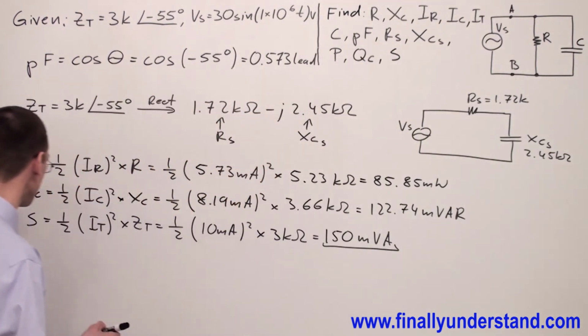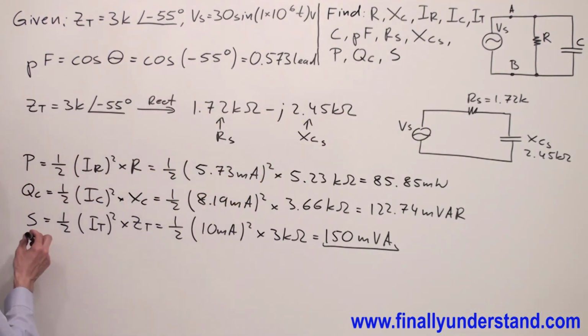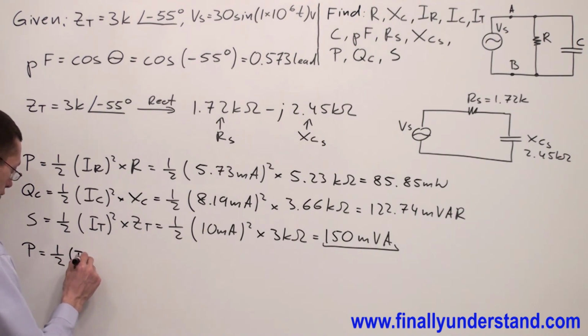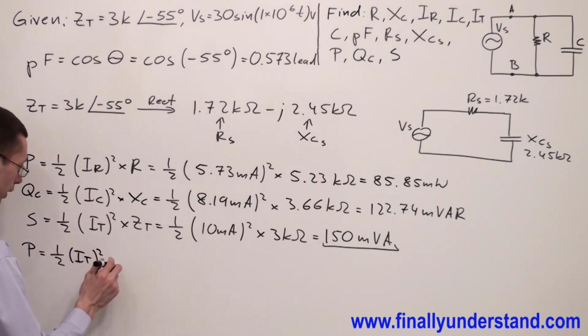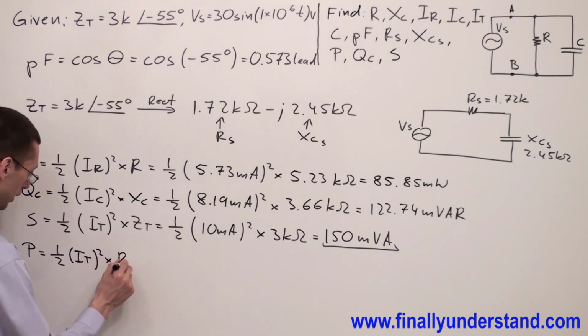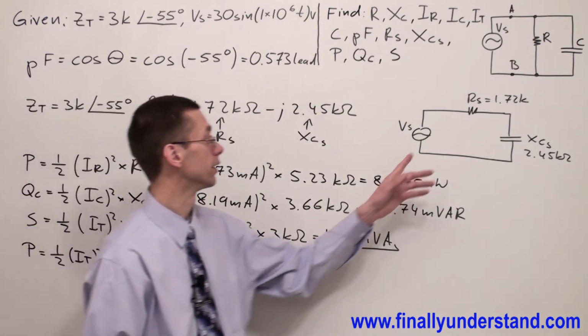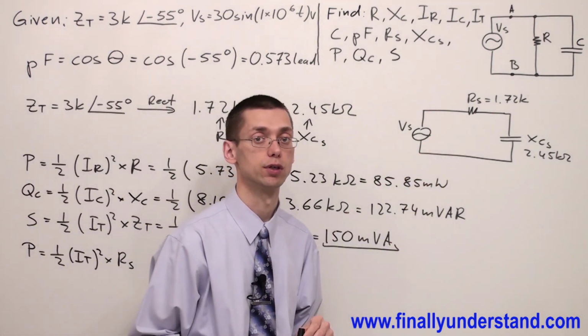So you can verify if this is true by simply writing the true power, which is equal also 1/2, because I'm going to use peak value of my current, I total square times RS, right? Because right now I'm trying to find the true power in my series circuit.